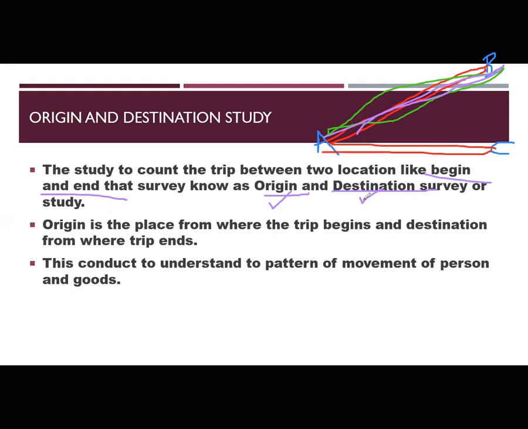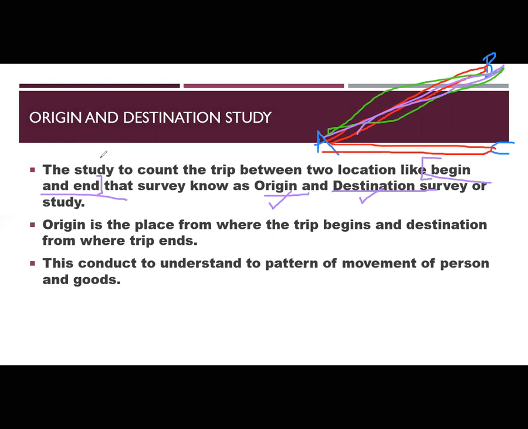So it finds out the two busiest positions or places, like begin and end, which is underlined here. So we can understand which ways or roads are busiest in the day.